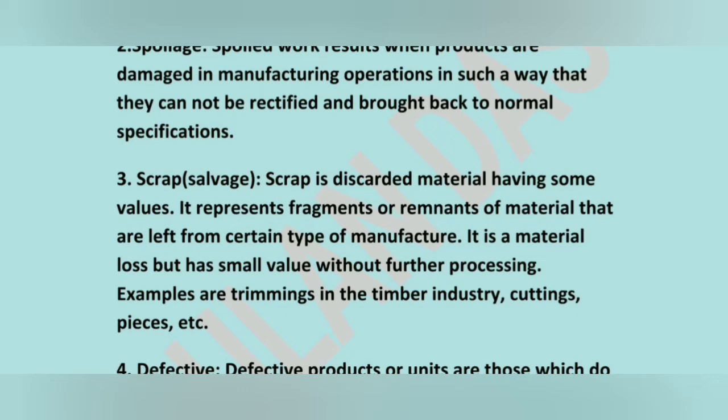This is called spoilage. That means if, suppose, the process is mechanized, made by machine, we put the raw material in the machine, and after some time we saw that my raw material got spoiled. That raw material is not fully processed, it is badly damaged.